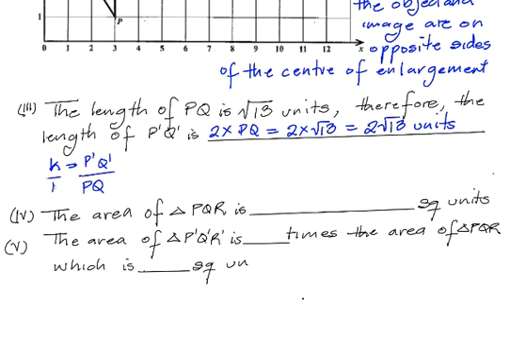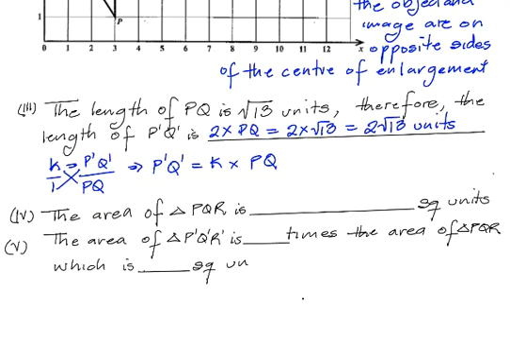If I have one fraction equal to one fraction, to get rid of the fraction, what I can do is cross multiply. So the length of P'Q' would be equal to K multiplied by the length of PQ.